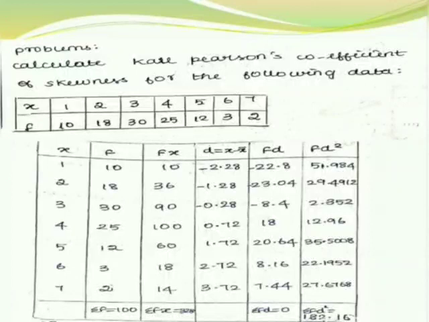After that you have to find fd, by multiplying frequency into the d values. Then you find d square multiplied by frequency, and you will get fd square in the last column. Next, add all the values in fd square. You will get 182.16, which is your summation fd square, and adding all the values in fd you will get 0, so summation fd is equal to 0.